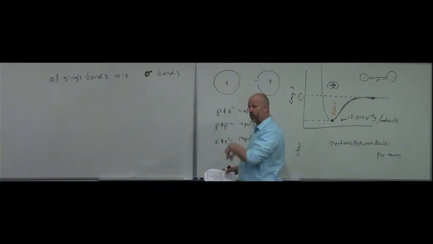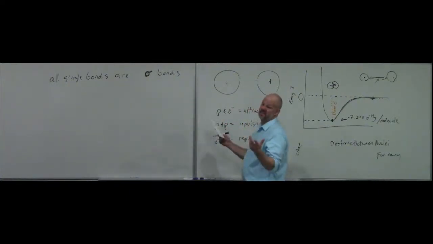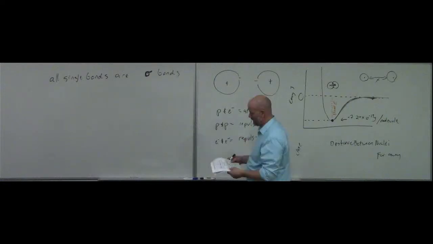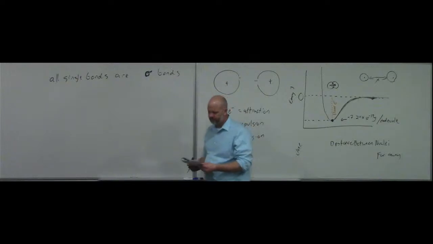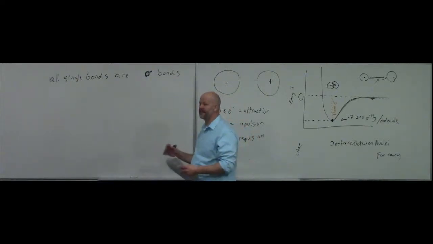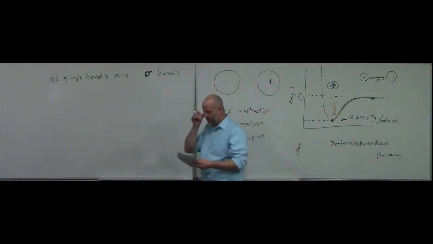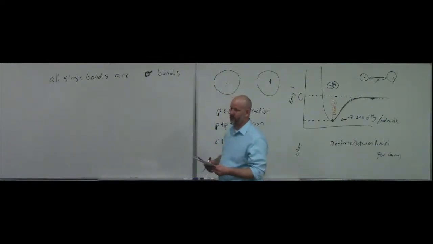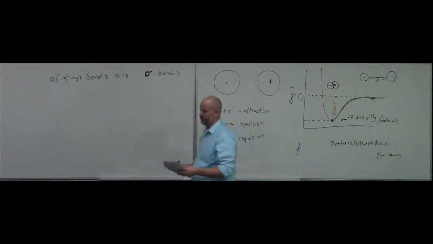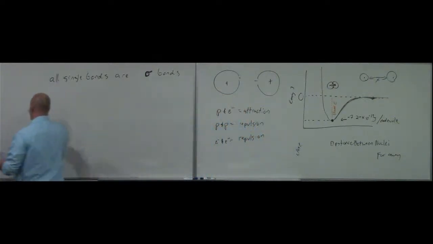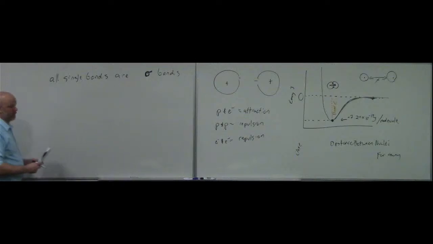It's like an O with a little curly coming off. It's an S sound in Greek, and sigma. All right. All single bonds are sigma bonds. That alone does not help you that much to understand what a sigma bond is. Okay. I want you to think about our molecular geometry.